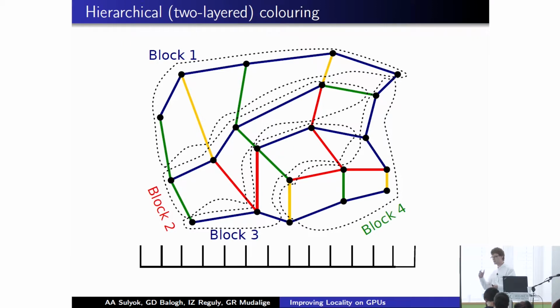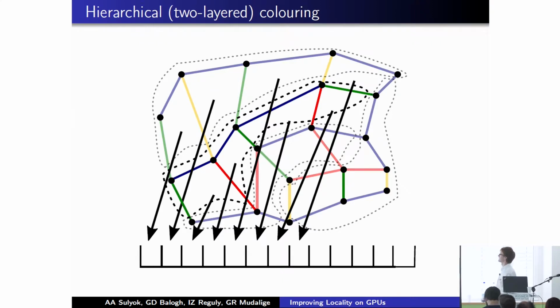The block coloring can be scheduled by kernel launches again, but the threads will have to be synchronized by an explicit syncthreads operation. That means that the more thread colors you have, the larger amount of synchronization you will have in the kernel. But this means that when you, for example, execute block 2, you don't have to load everything into memory.